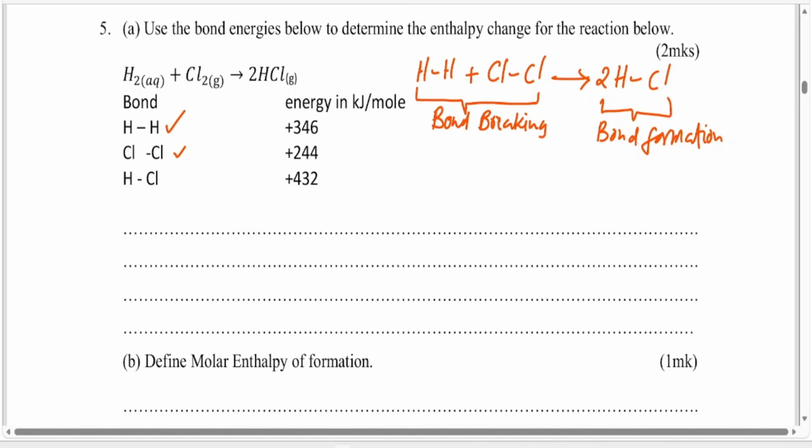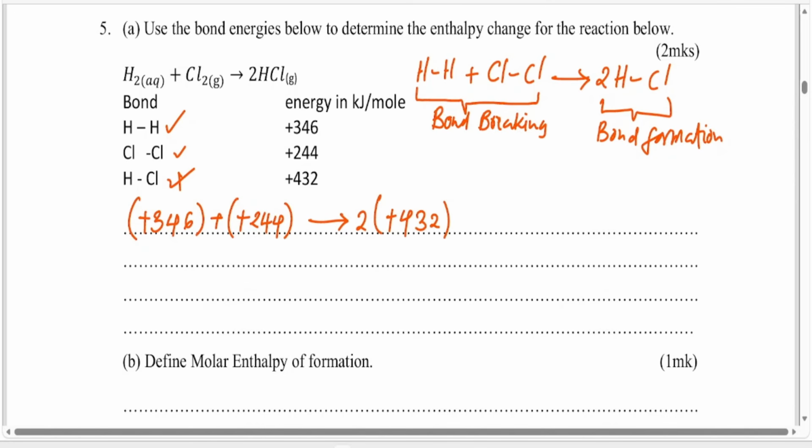In this case, because it's not balanced with any number, we are going to have positive 346 plus positive 244, and then the energy on the bond formation side, which is 2 into positive 432, between hydrogen chloride.